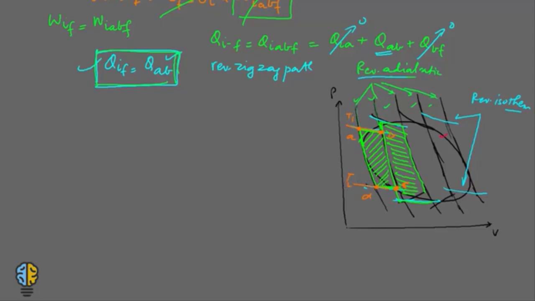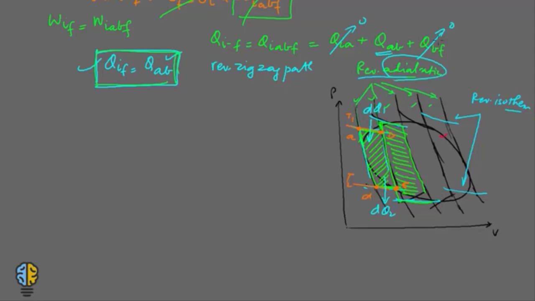The heat absorbed during the isothermal expansion is, let us say, dq1, and the heat rejected during isothermal compression is dq2. I hope you all remember the Carnot cycle. There is no heat interaction during the other paths because these are adiabatic paths.